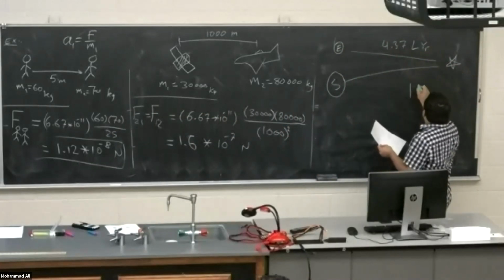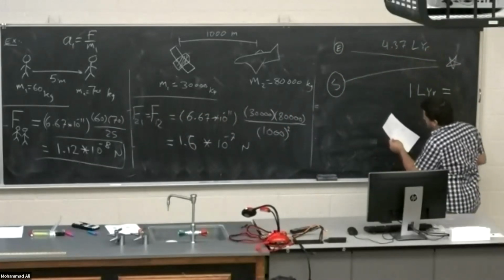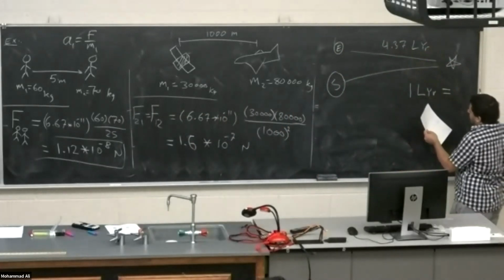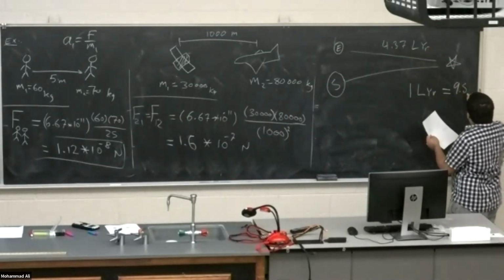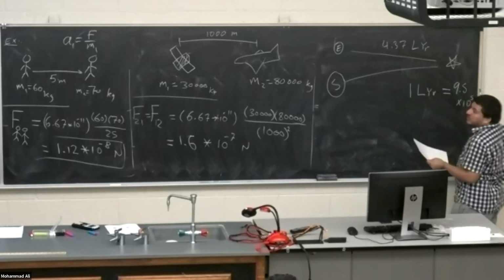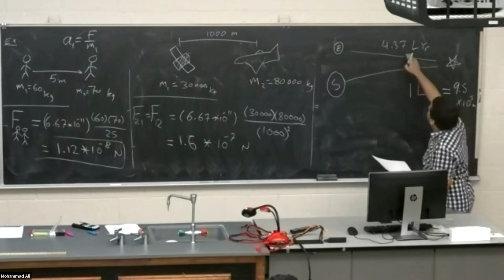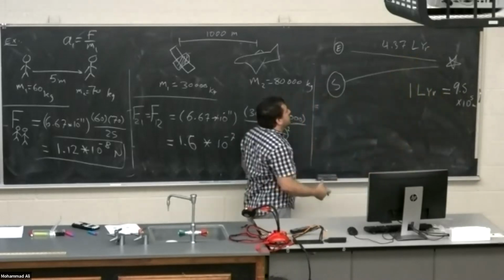Each one light year is equal to, I think you do that in the lab, 9.5 multiplied by 10 to 15 meters. It is a distance. So I need to convert this to meters.